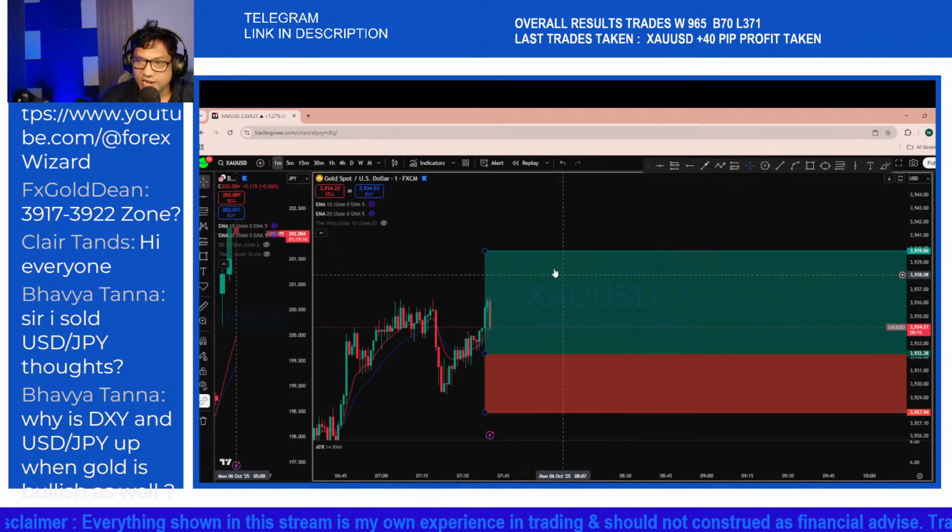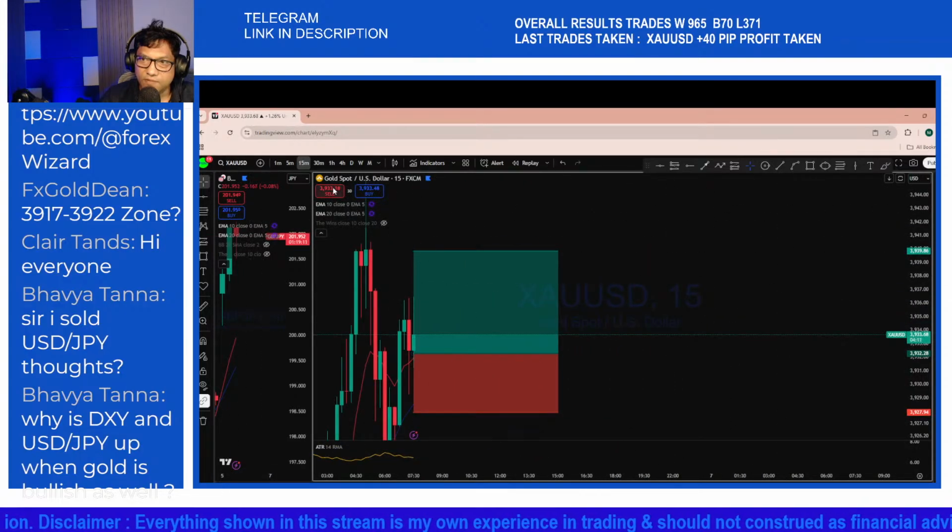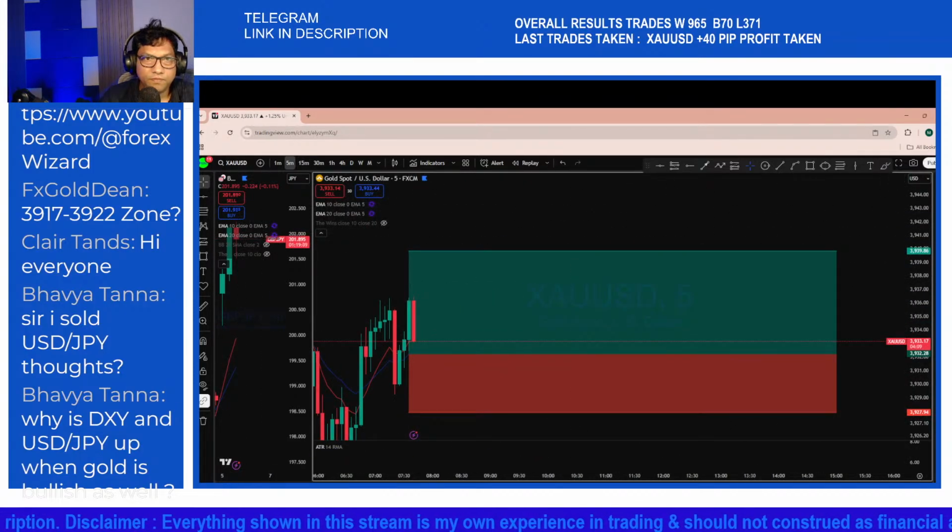Now profit taken, and it's now on a pullback. It might retest and then potentially reject back again.